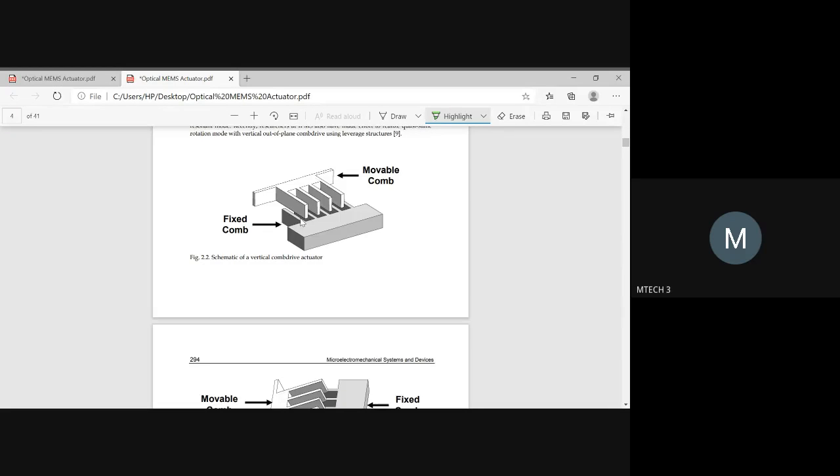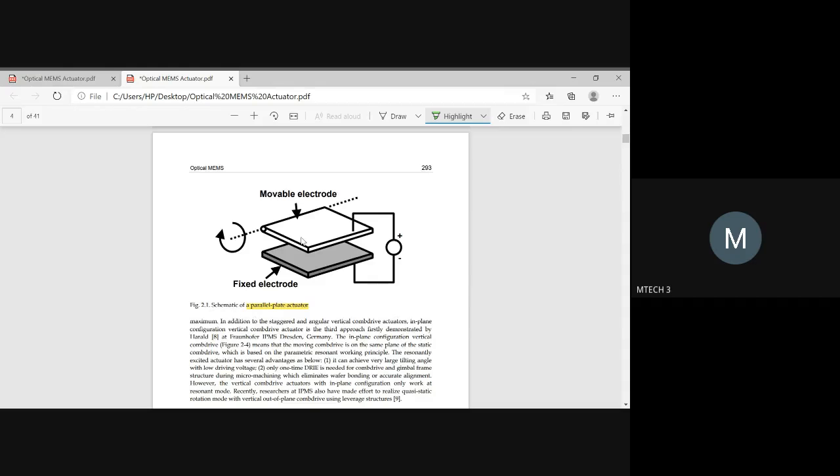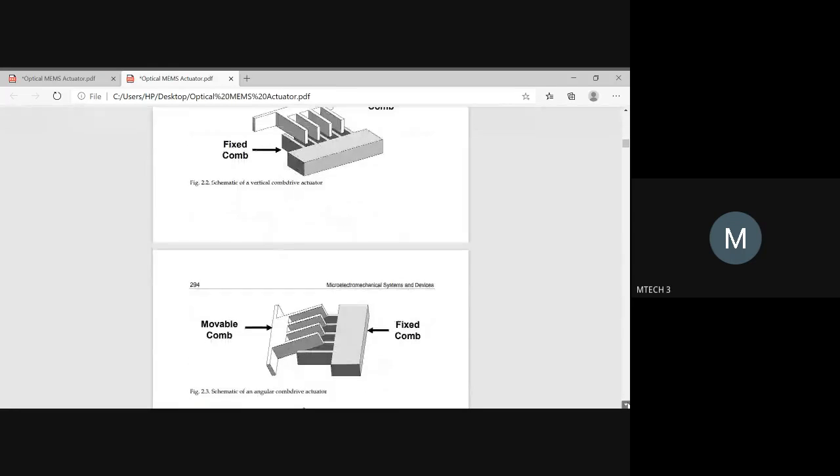So the gap associated with the fixed and the movable combo is very small in comparison to that of our previous parallel plate actuator. This is another advantage.